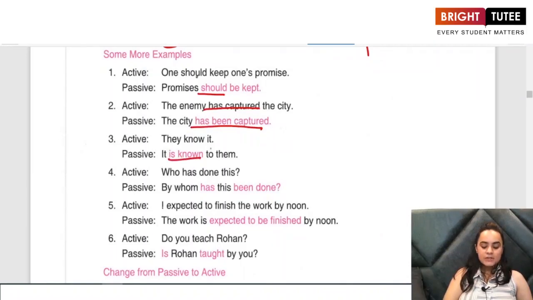It is known to them. Who has done this? By whom has this been done? I expected to finish the work by noon. The work is expected to be finished by noon. Do you teach Rohan? Is Rohan taught by you?